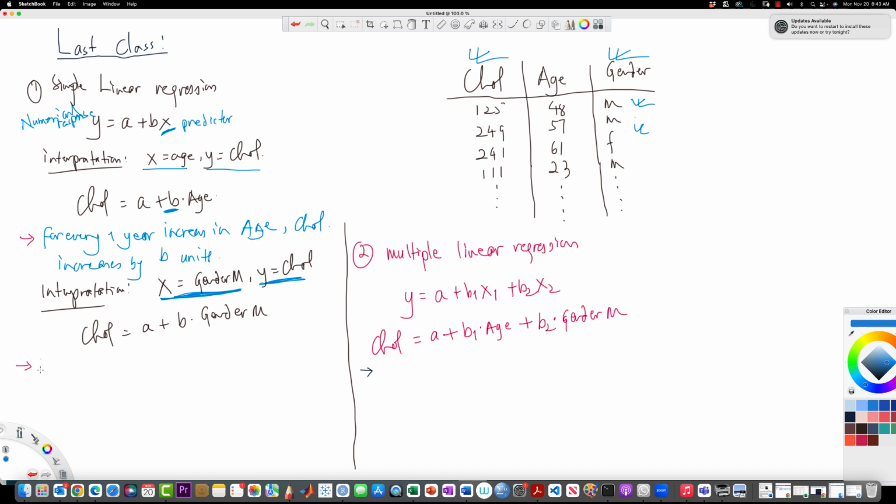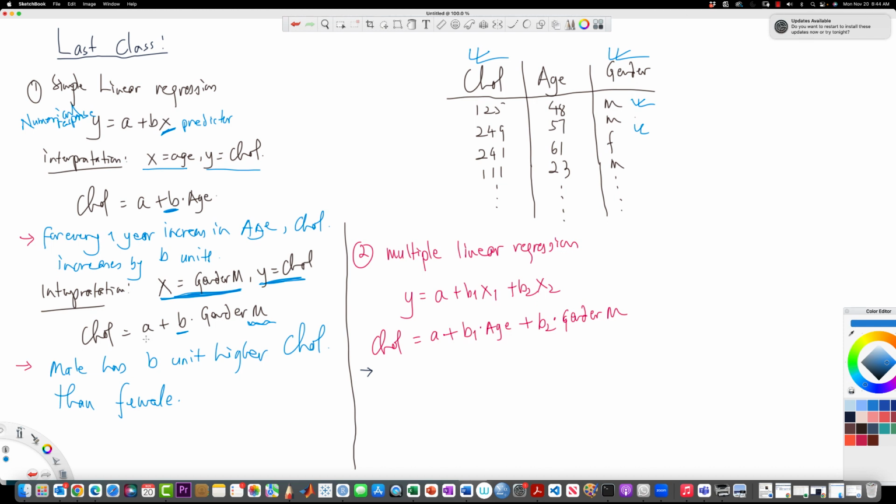So how do you interpret the result? You write that male has b units higher cholesterol than female. Now, if gender male equals 0, then cholesterol equals just a.